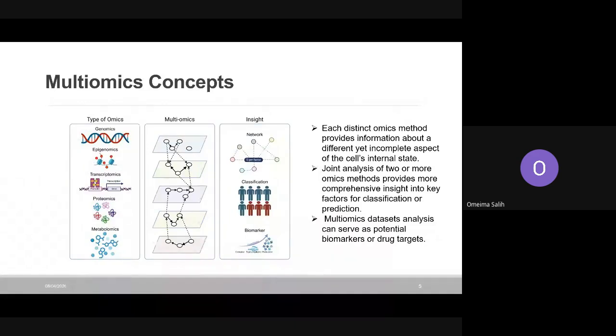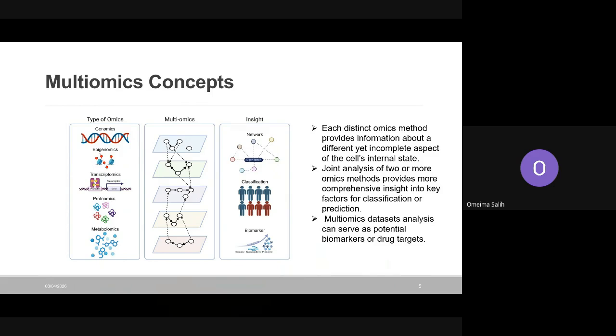Multiomics is now used as a science or approach to define what we call precision medicine, and even in the environment, in the plant or agriculture field, it is widely used to improve the production of plants, to define certain types of proteins or metabolites that could benefit the environment and the growth of microorganisms in certain environments, and so on.